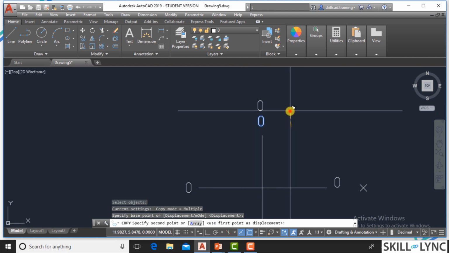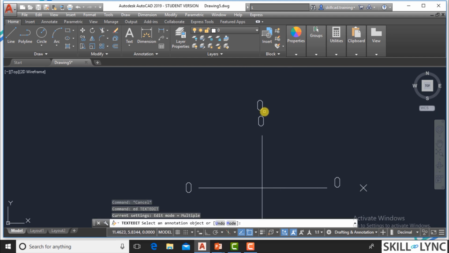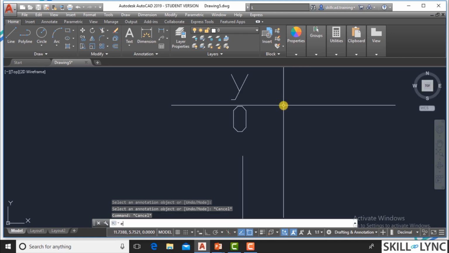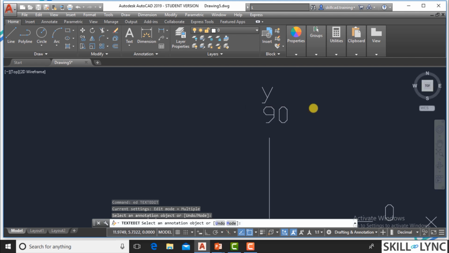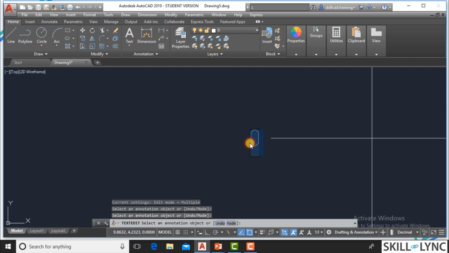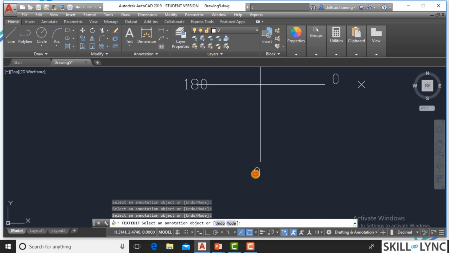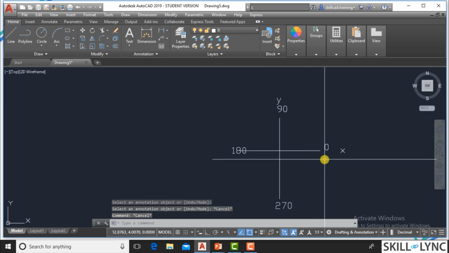You know it because I have repeated it again and again: which is the x positive direction, which is the y positive direction. So this angle is 90 degrees, right? This angle is 180 degrees, so we are moving in the anti-clockwise direction, right? And this is 270 degrees. So you will be enjoying it once you are doing it along with me.